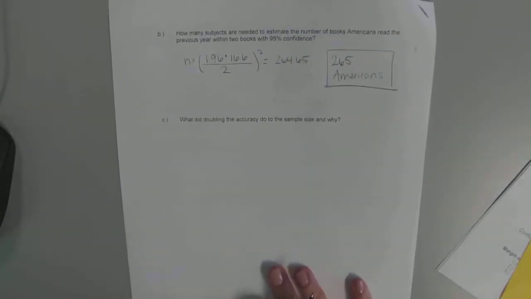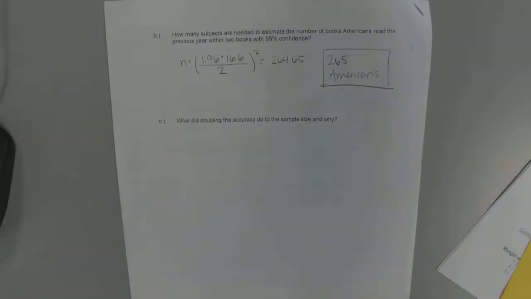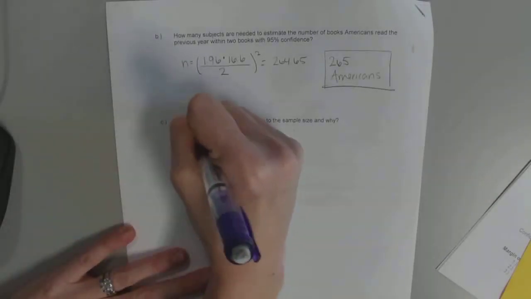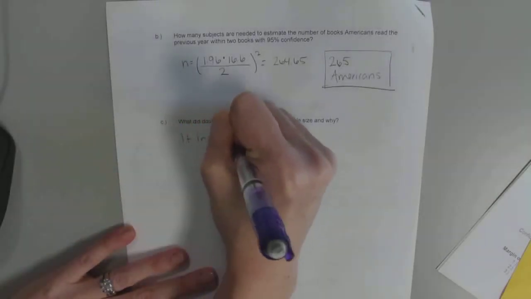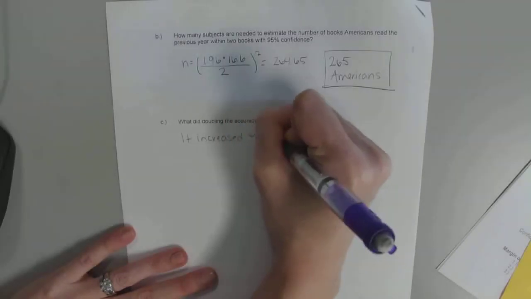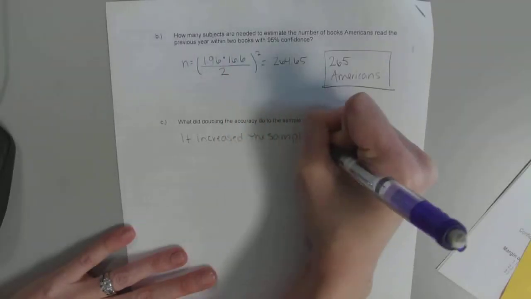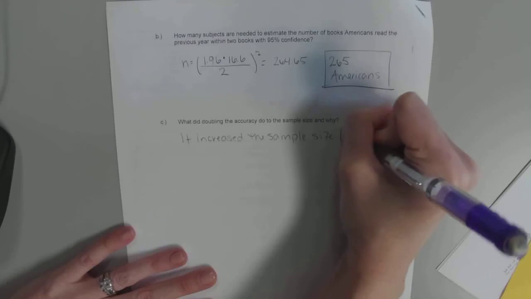All right, so if you want to be twice as accurate, so instead of being within 4 books, you want to be within 2 books, your margin of error is a lot smaller, you better ask more people. And so kind of that's what C is asking. It says, what did doubling the accuracy do to the sample size and why? It increased the sample size, right? It actually quadrupled.